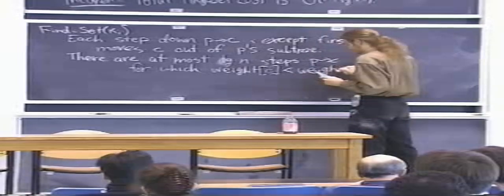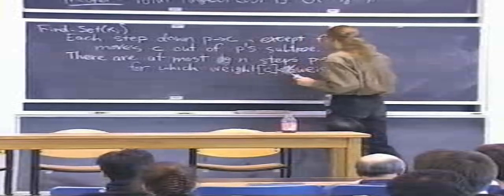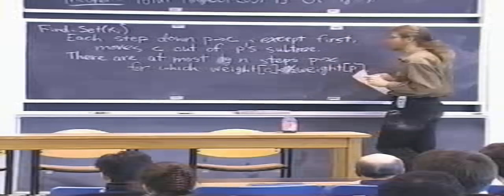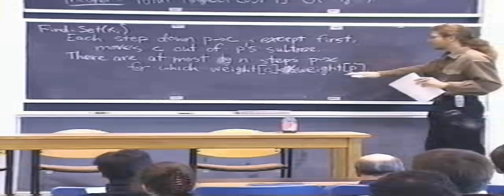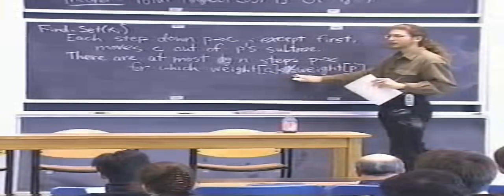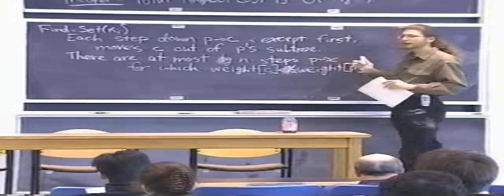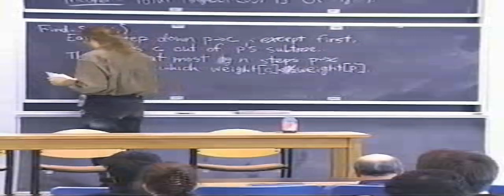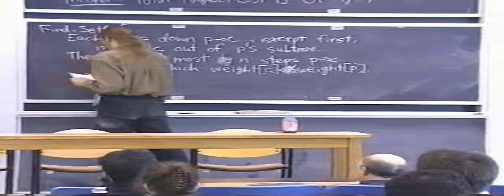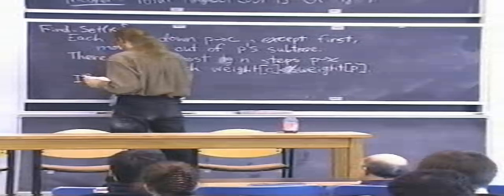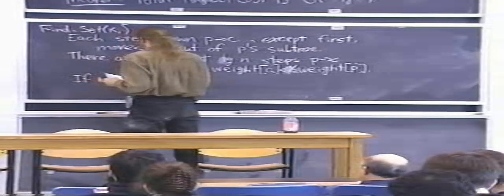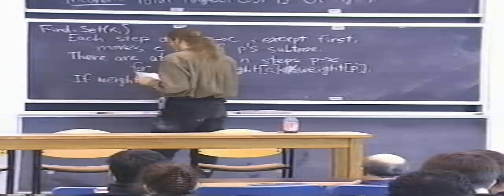You'll see why this is useful in a moment. The next line. Okay, but in particular, the weight can't go down by a factor of 2 more than log n times. Okay, big deal. The cool part is if it doesn't go down by a factor of 2, then I'm making progress in a different sense.